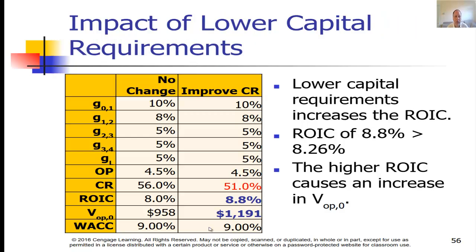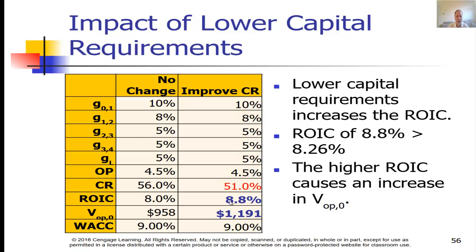How about the impact of lower capital requirements? Getting people to pay their bills quicker, not having to have as much of our capital locked up in current operations. Well, if we can get the CR from 56% down to 51%, again, ROIC goes up now from 8 to 8.8%, and the value of operations goes up from 958 to 1,191.